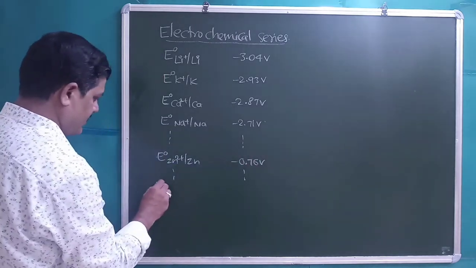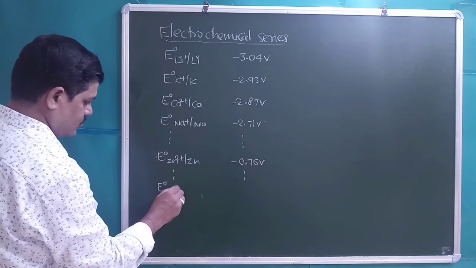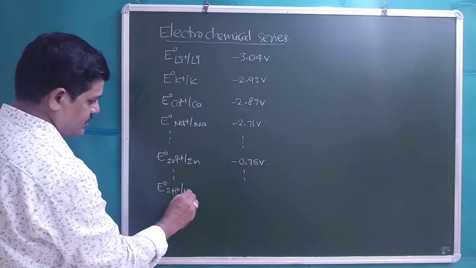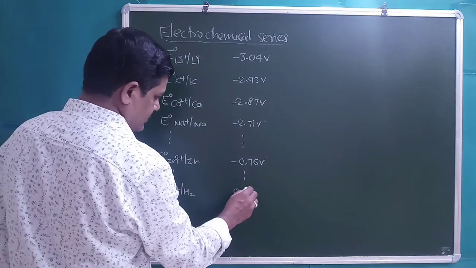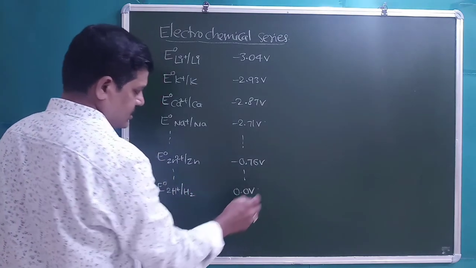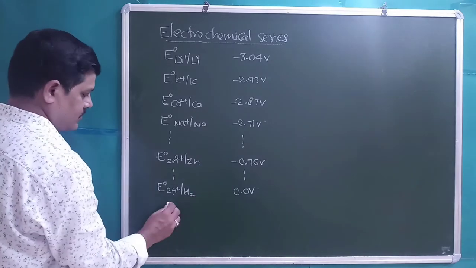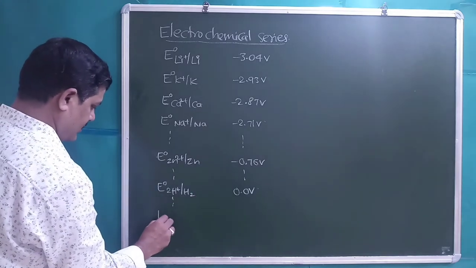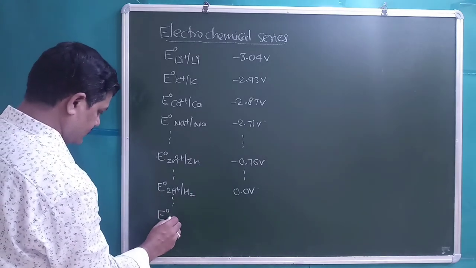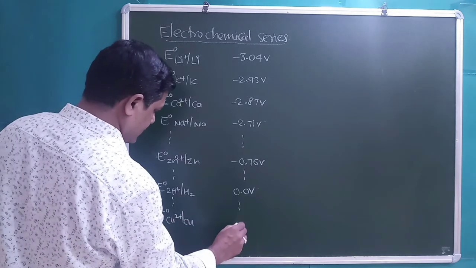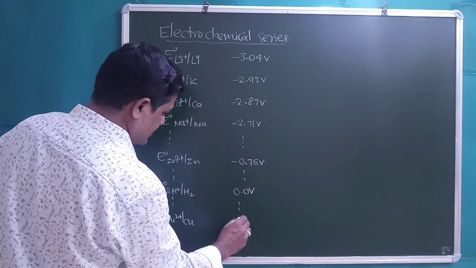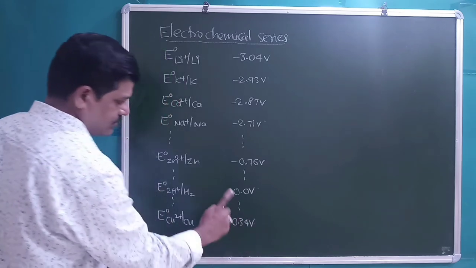Then in the middle we have E naught 2H plus slash H2, the standard hydrogen electrode, which has 0.0 volts. It is assumed as 0. Next we have E naught Cu2 plus slash Cu, which has a value of 0.34 volts, positive.